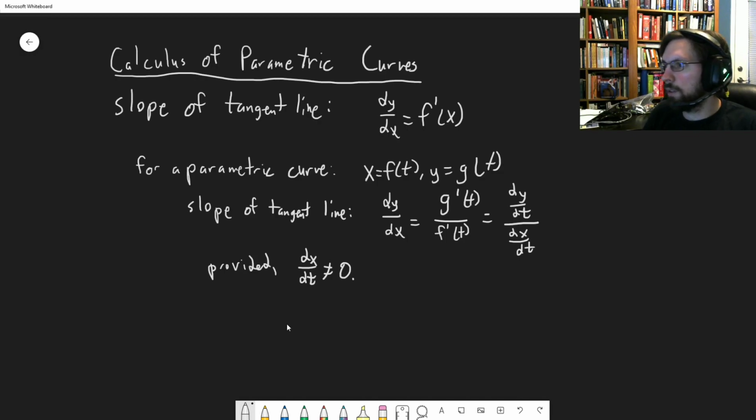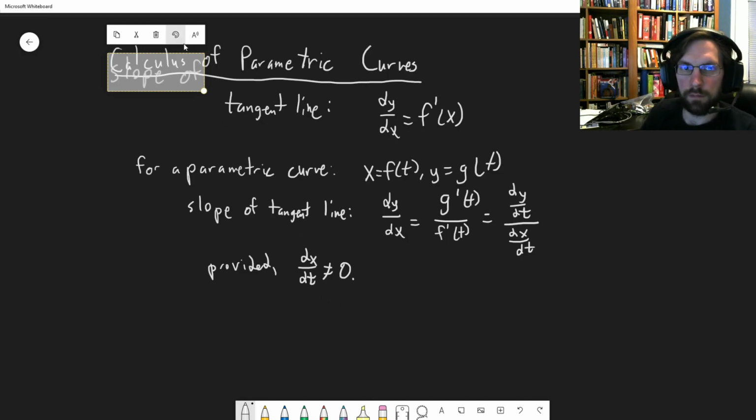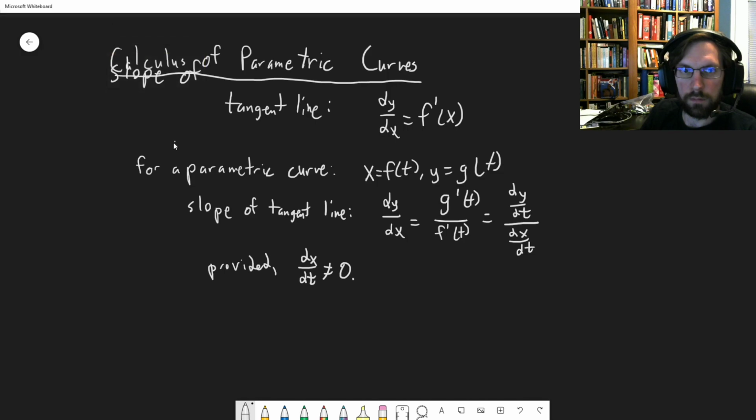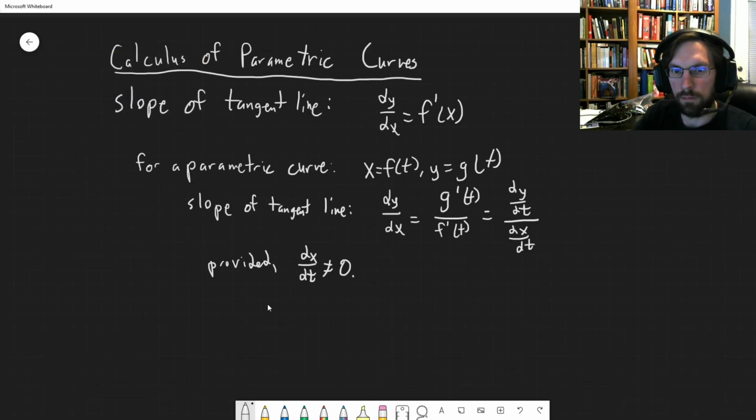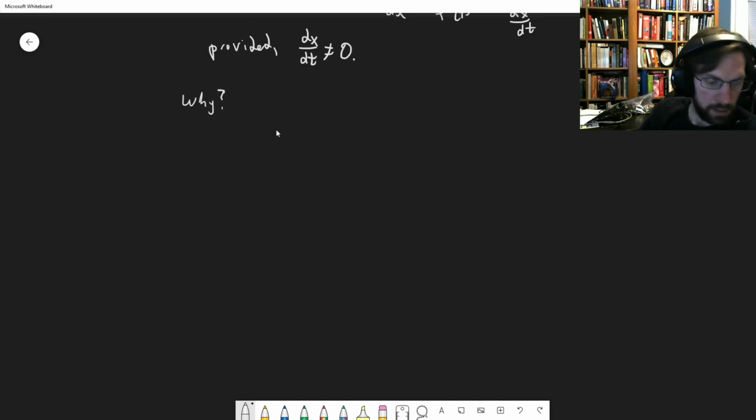Okay, and so this is incredibly easy to remember, but why is this in fact the case? In fact, it comes back to the chain rule.